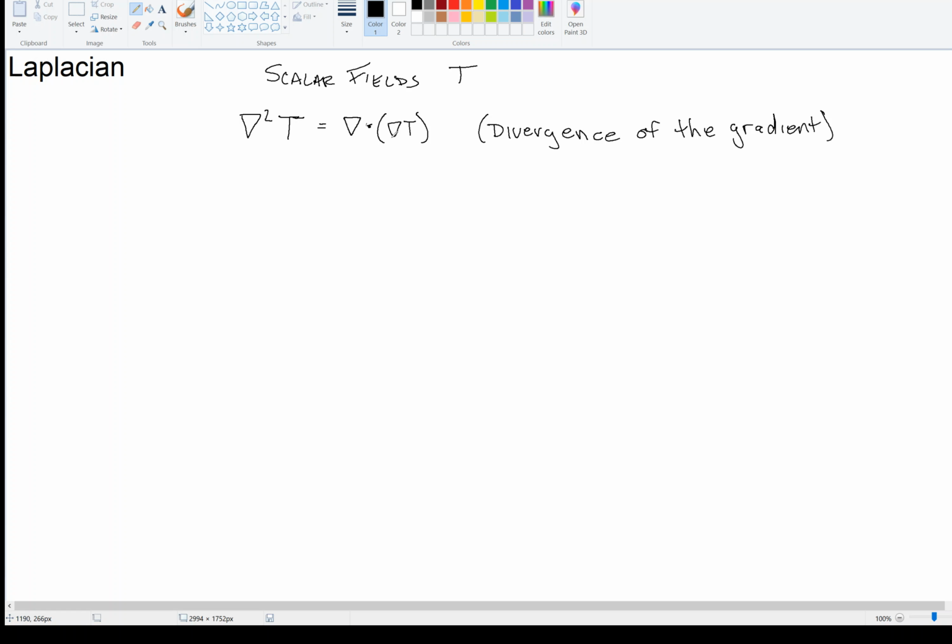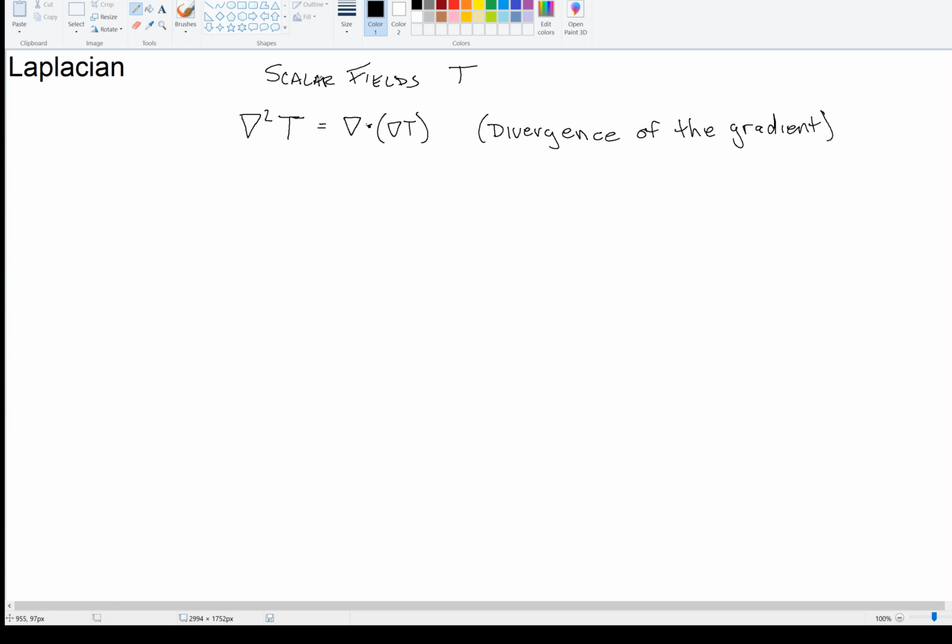And we already talked about both of these operations separately, right? We talked about how to compute the gradient of a scalar field T, that's in the parentheses. And then we talked about how to take the divergence of a vector, because this thing in parentheses is a vector. The gradient of a scalar field is a vector. So let me ask you this, and please pause the video and think about this.